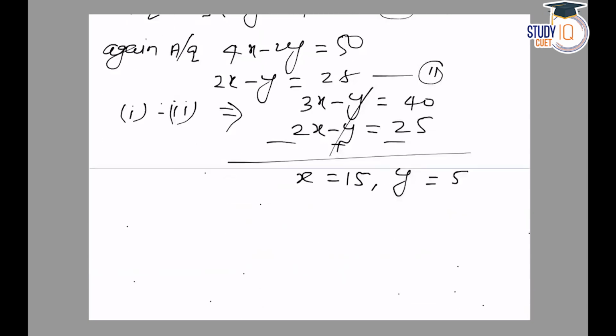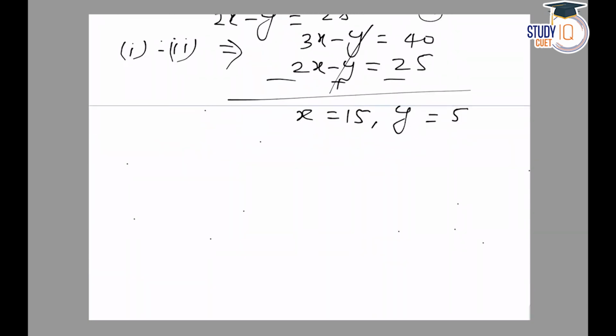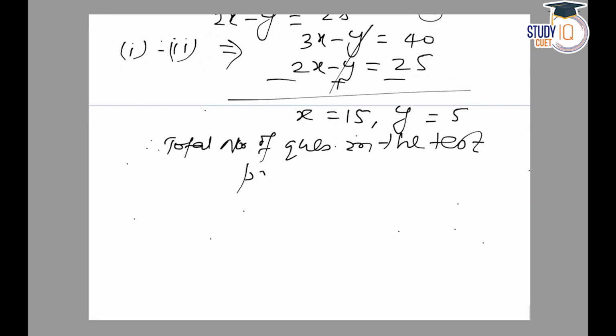So the total number of questions in the test paper equals x plus y equals 15 plus 5 equals 20. It is the answer.